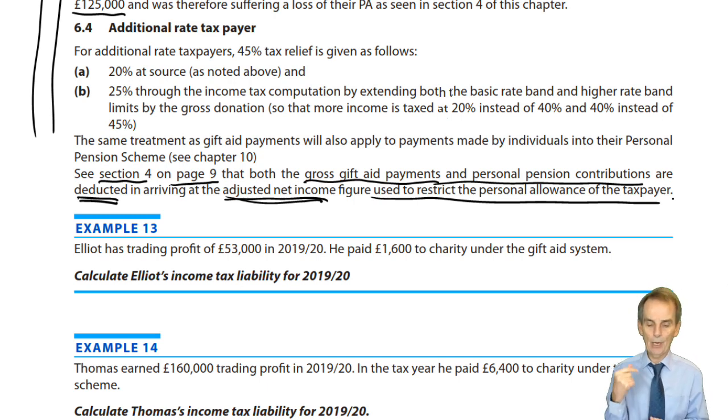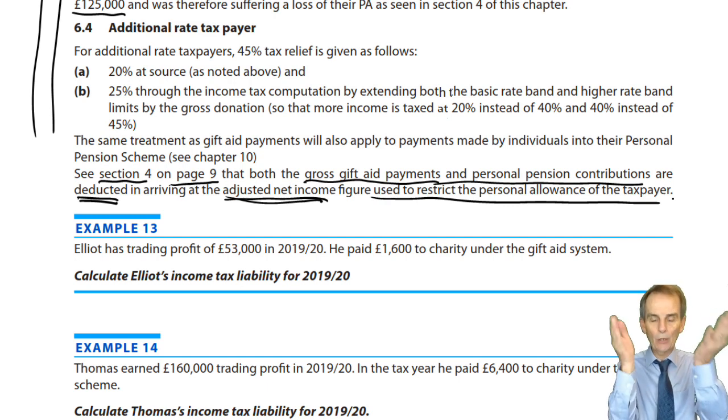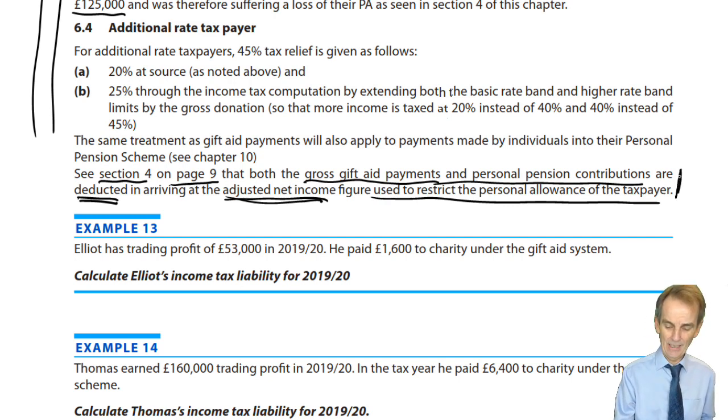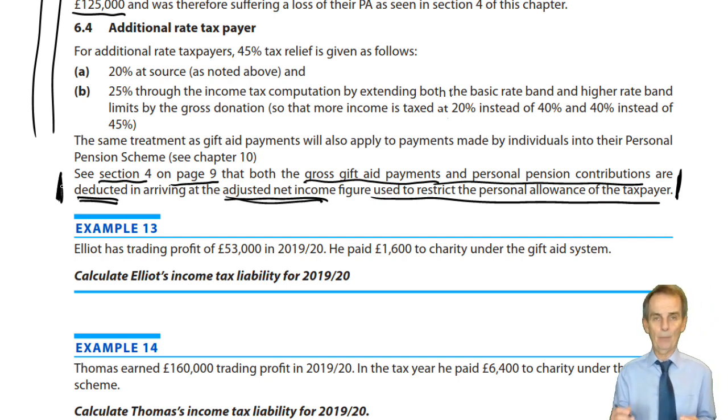Preliminarily to that, if I have a net income figure that is in excess of £100,000, then in calculating the adjusted net income to determine what, if any, personal allowance will remain to me, to include on my income tax computation, the adjusted net income, as we have just seen here, is after deducting any such gross payment.